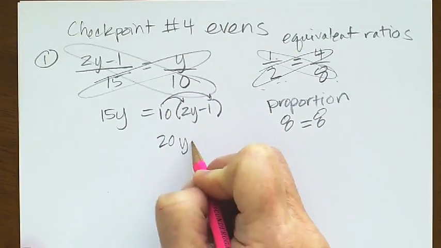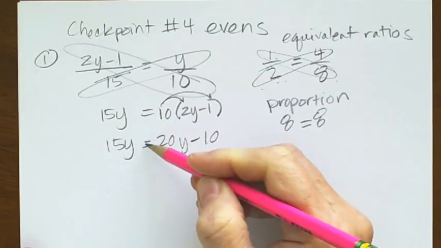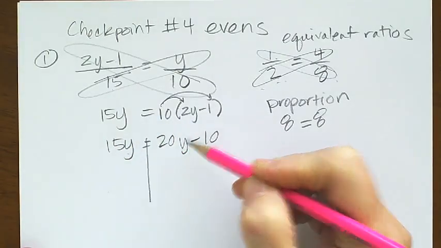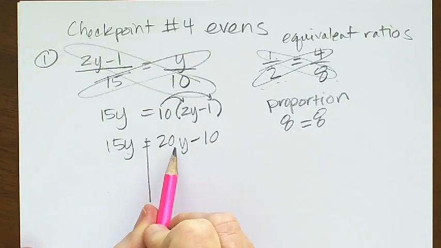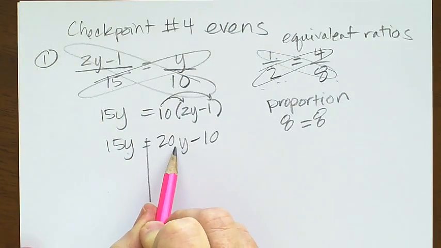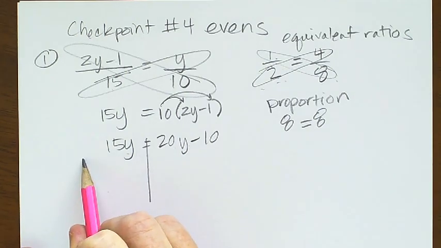20y minus 10 equals 15y. I have y's on both sides of my equal sign, so I always say get rid of the smaller one, which is going to be a little different here. In fact, if you want, we could move this over to the other side first, it really doesn't matter.